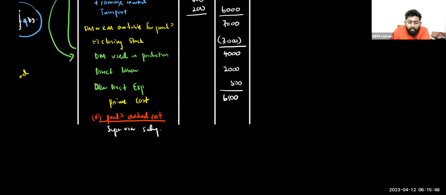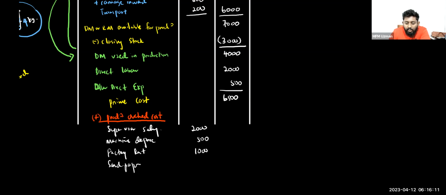Machine depreciation, other indirect expenses, or factory rent. Next, we had used some sandpaper, indirect material. I'll just put some values: 2,000, 500, 1,000, and 5,000. If I add this, it gives me 8,500 as overhead cost.